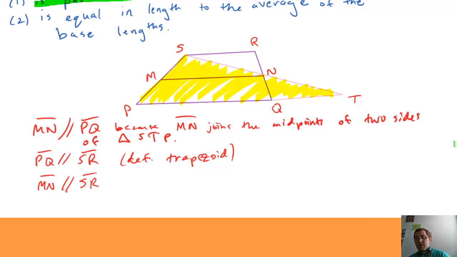Well, the other part of the theorem that tells me MN is parallel to PQ is that when a segment joins the midpoints of 2 sides of a triangle, not only is it parallel to the 3rd side, but it's half as long as the 3rd side.